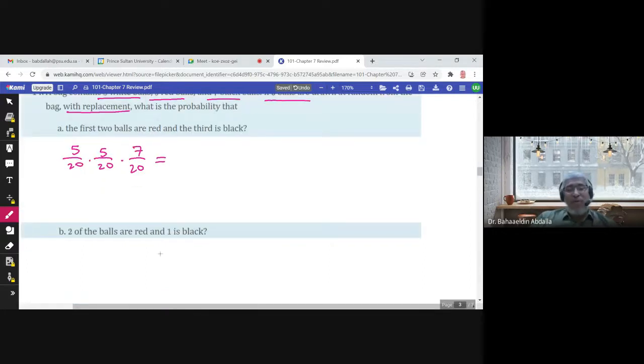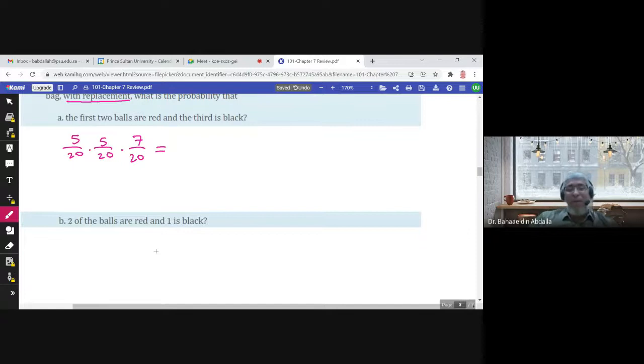2 of the balls are red and 1 is black. And he did not mention which 2 balls are red. So 2 are red. So 5 over 20 times 5 over 20 times 1 is black, 7 over 20. But this is only one possibility. There is another possibility that the first is red and the third is red and the second is black.